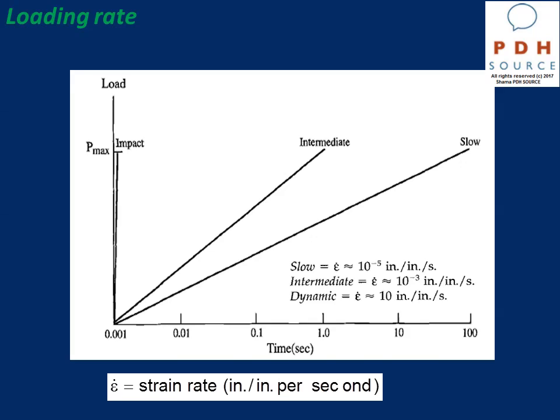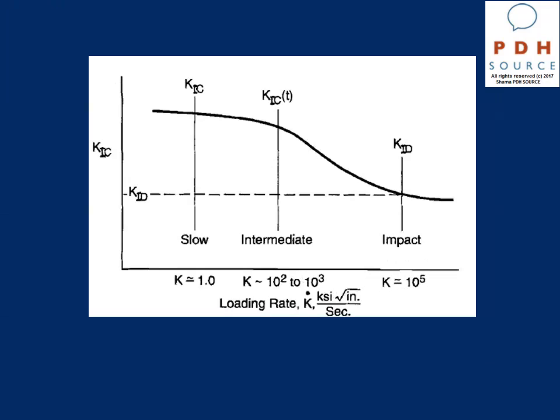For intermediate loading, the maximum load can be reached around 1 second. And for impact or dynamic loading, the maximum load can be reached in 1/1000 of a second. So we need to discriminate between these three loading rate cases.